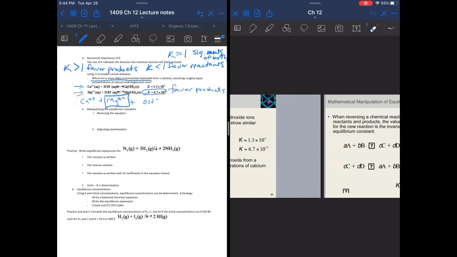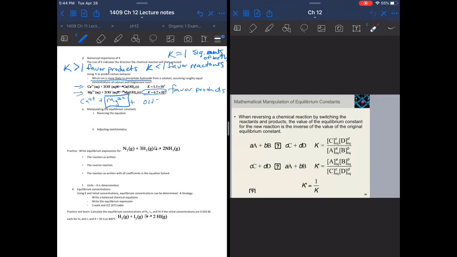If we are manipulating our equilibrium expressions, it's usually easiest just to rewrite the expression. But if we look at this example over here, we have just our basic equilibrium expression that we've already written in our notes: K is products over reactants.